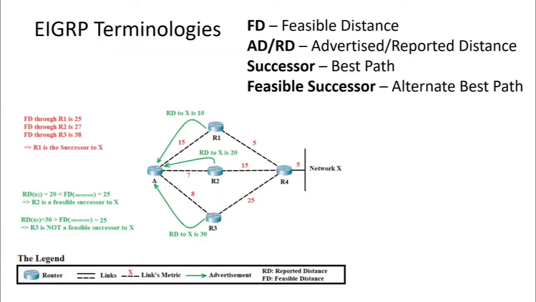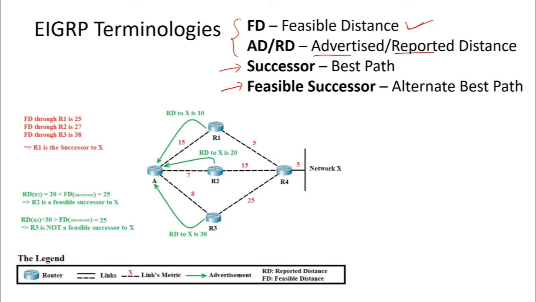So here I was planning to explain these successor and feasible successor, but you already know it. So you're smart enough. And there are two more terms, the feasible distance and the advertised distance or reported distance, right? Advertised distance and reported distance are the same thing, while the feasible distance is something else.